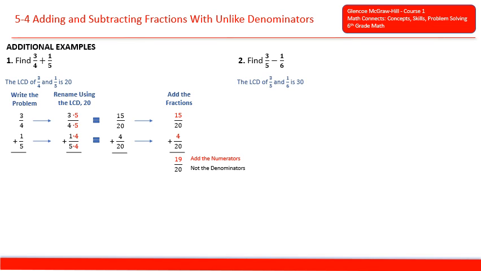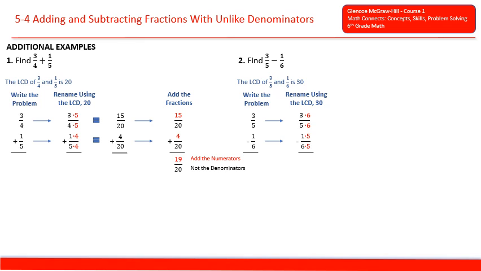3/5 minus 1/6. The least common denominator of 5 and 6 is 30. So if we write the problem, 3/5 minus 1/6, we need to change both fractions into equivalent fractions with a denominator of 30. So 5 times 6 is 30, so 3 times 6 is the numerator.